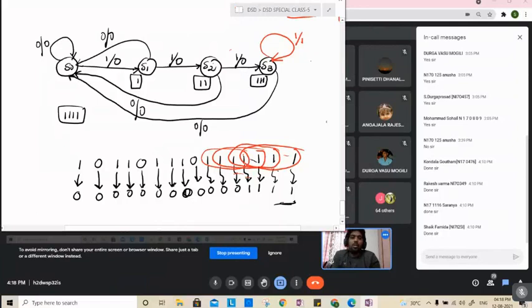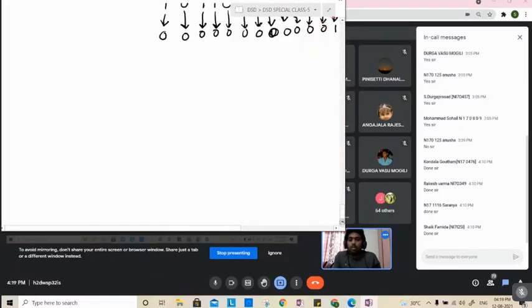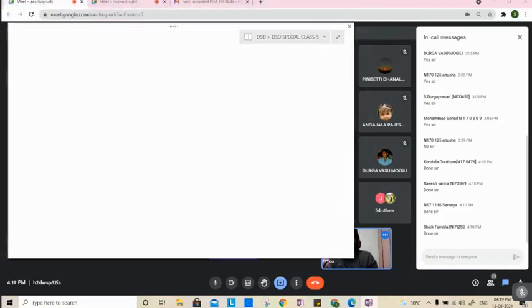So now, can you design it for 101? Overlap and non-overlap, both the cases.